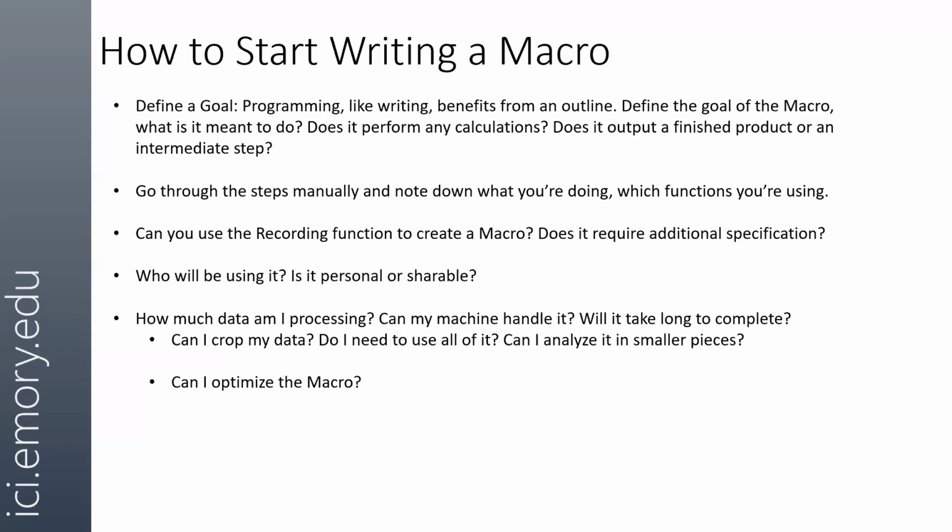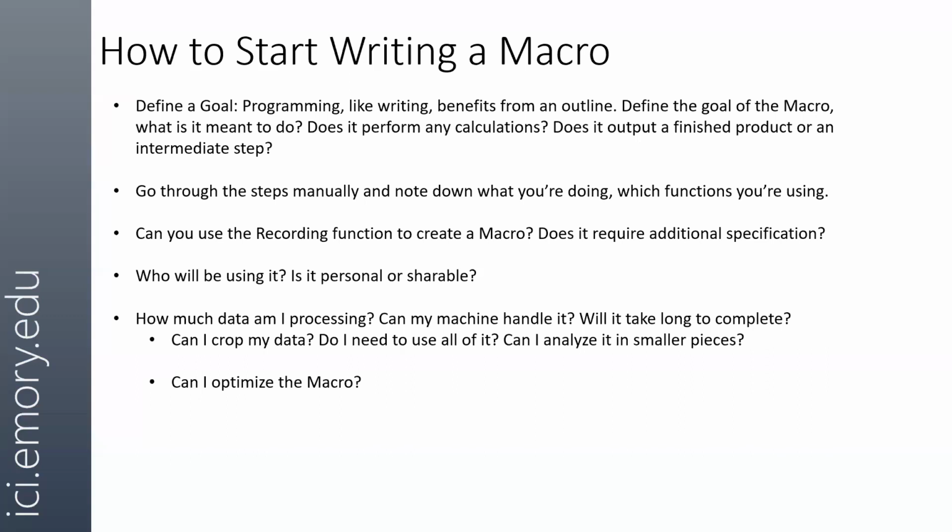I've run into situations, and I've had users who've run into situations, where their personal computers don't have enough RAM to open very large files, very large stacks of data. And so at that point, you need to consider how you can optimize the macro you're making, or change the way you're doing the calculations.